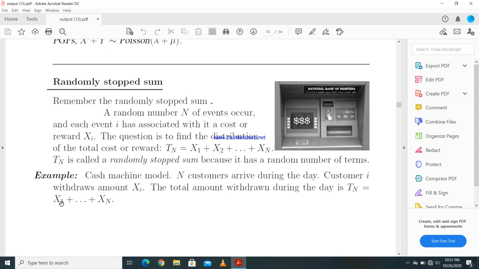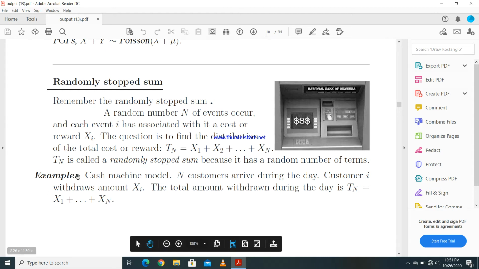The first customer withdraws X1, the second X2, and likewise the Nth customer withdraws XN. Since we are interested in the total amount withdrawn by these N customers, that is equal to X1 plus X2 plus up to XN. This is the randomly stopped sum, denoted by capital TN.